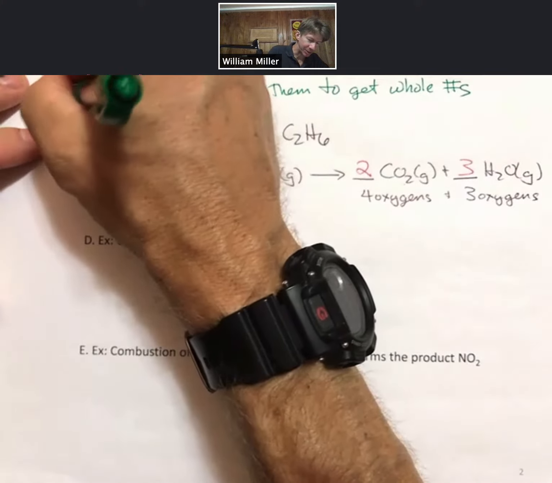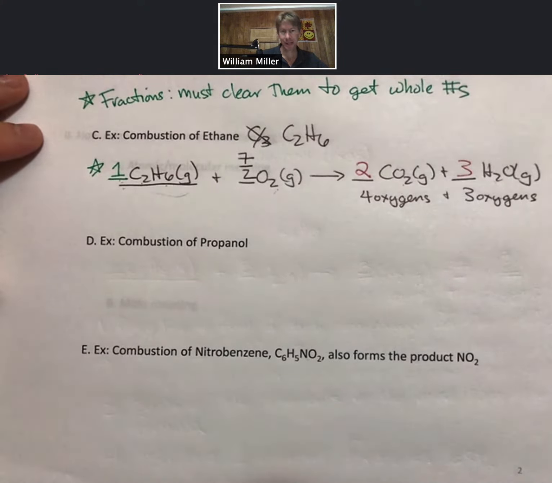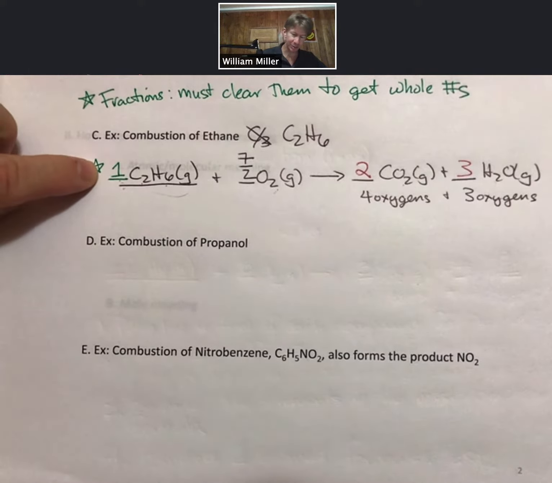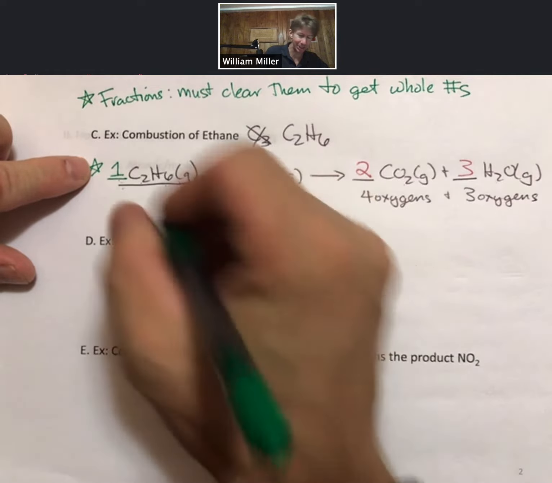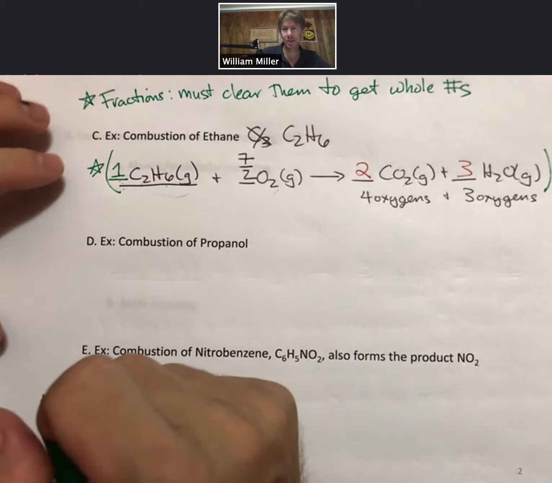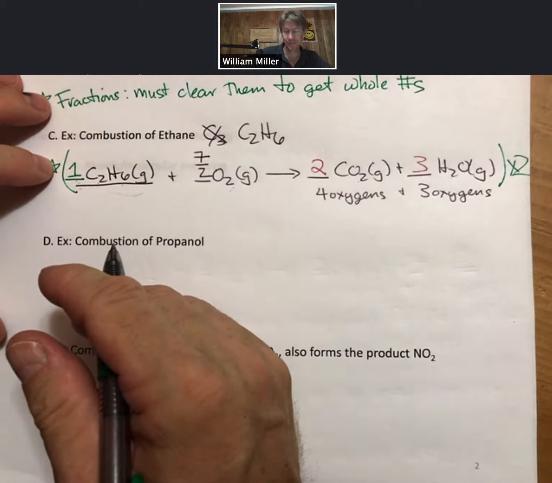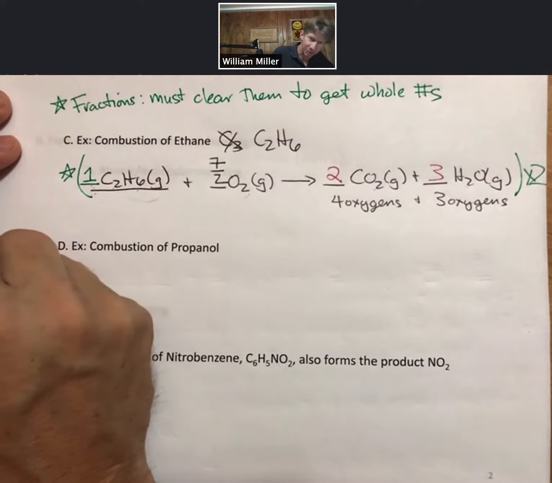So put a little star there, put a little star there, so we know that those two are together. And then everything in this reaction will be multiplied times 2 because I have a 2 in the denominator. That'll take care of things. Times 2, times 2.